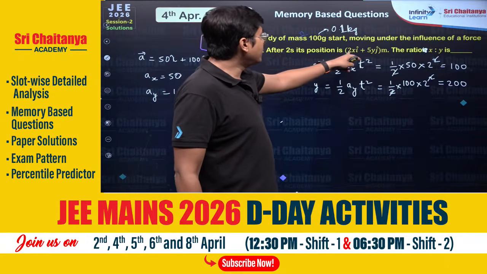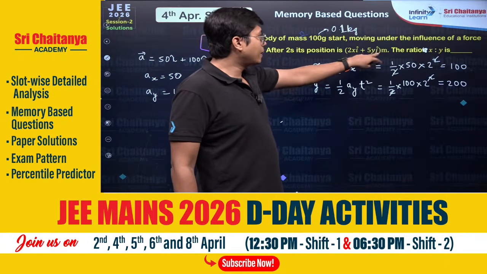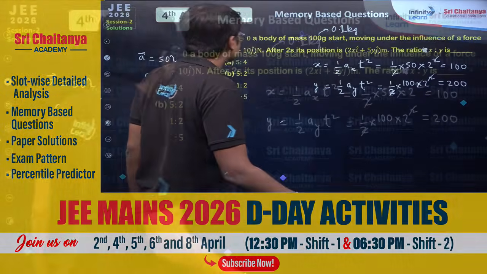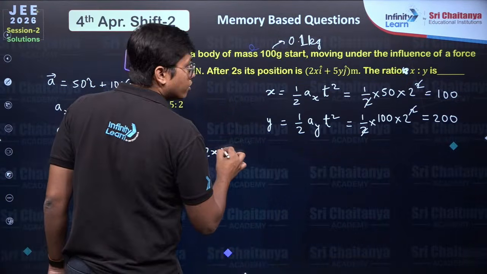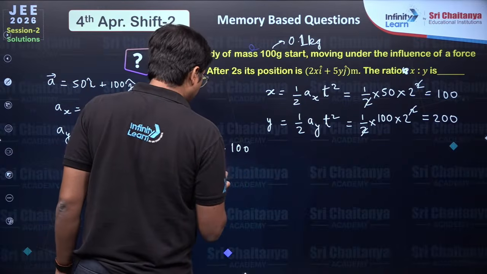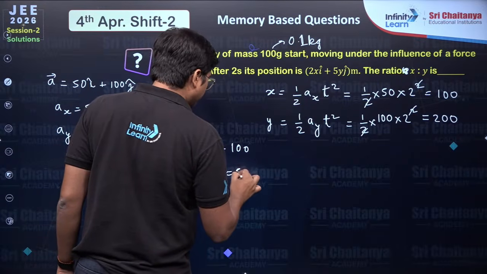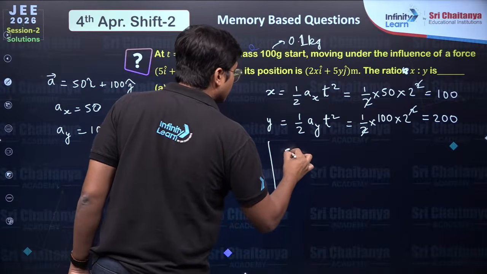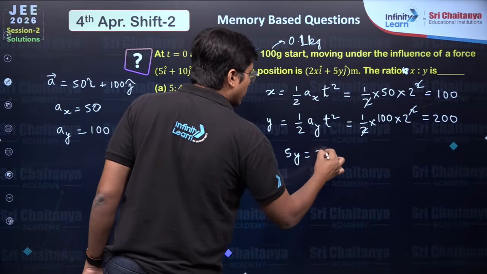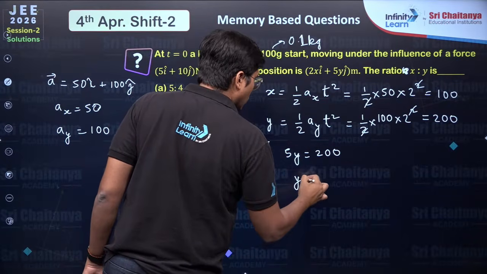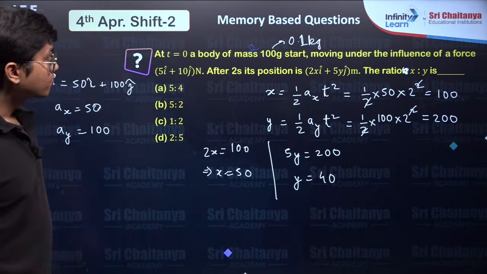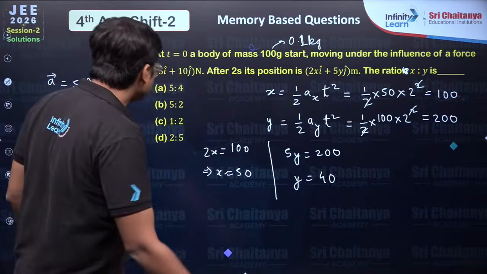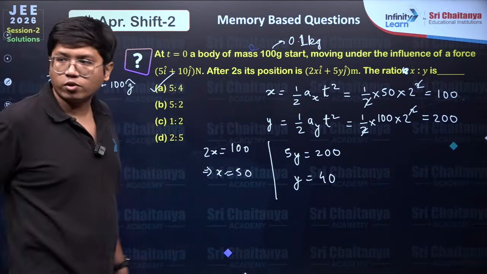So I have to represent it as 2x and 5y, right? 2x is 100, meaning x is 50, and 5y is 200, meaning y is equal to 40. So x by y is just 5 by 4. Option A.